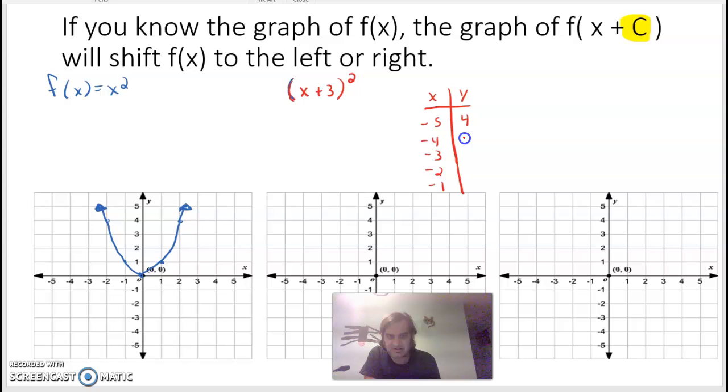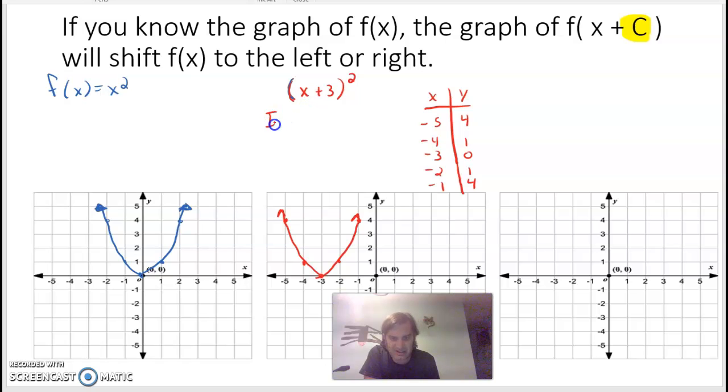If I plug each one of these in, I see that I get the same points I get out of the old squared function. So I'm plotting these points, and we'll see what happens here is that positive inside the function input shifts it to the left.